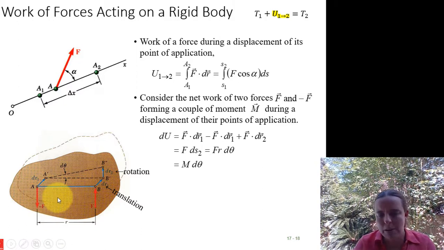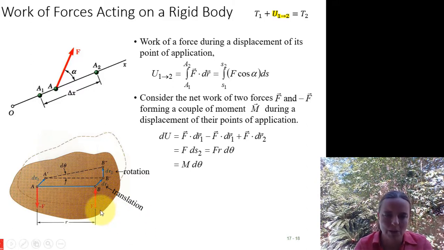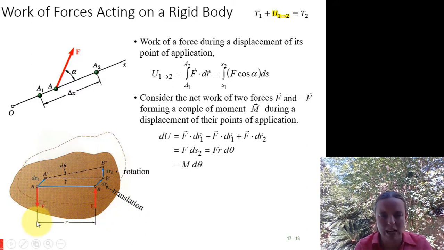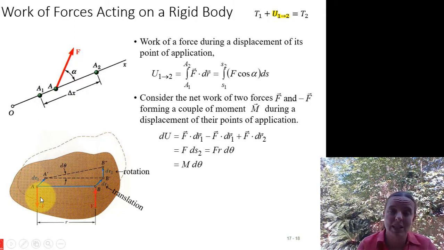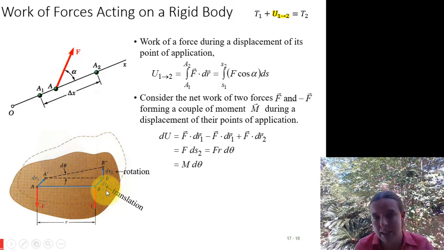For the diagram, this potato could be anything, right? But you have a positive force going straight up, a negative force coming straight down. If you add those two forces together, because one is up and one is down, they add together to 0. But because they're separated by some distance, they do create rotational motion.